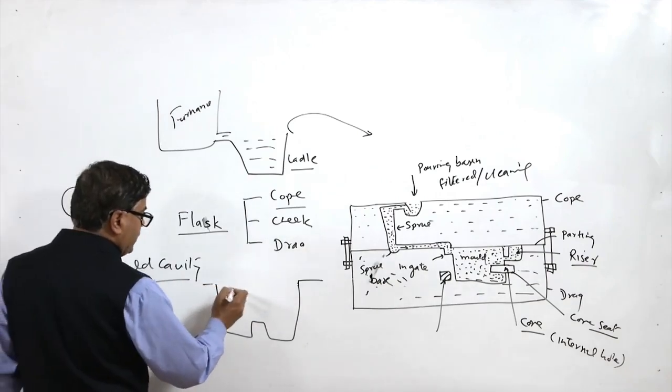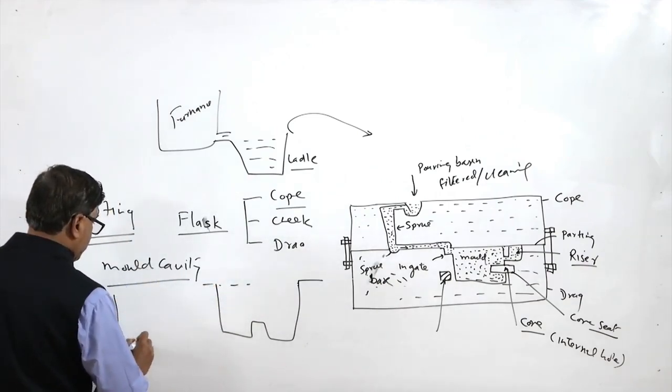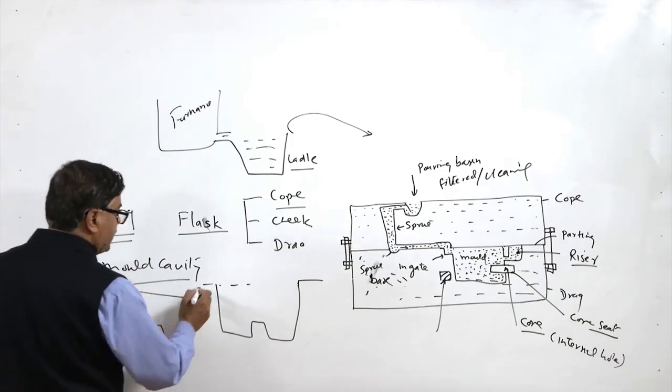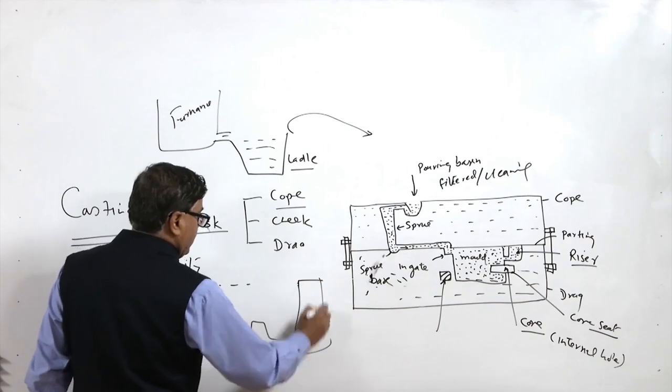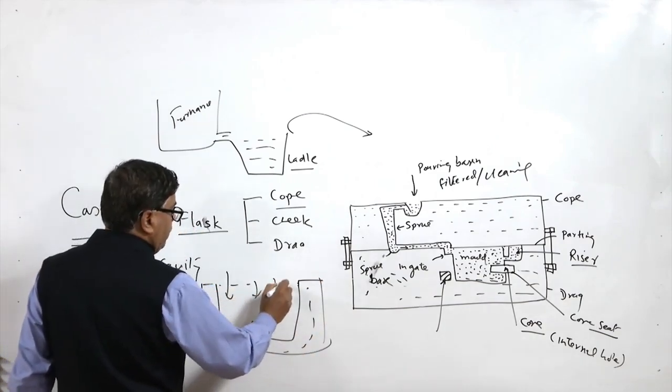Say this is the cavity, and the shape of the casting to be made is almost the same. So, if this component is to be made, then a cavity of this kind is to be prepared, and this will be filled with the molten metal.